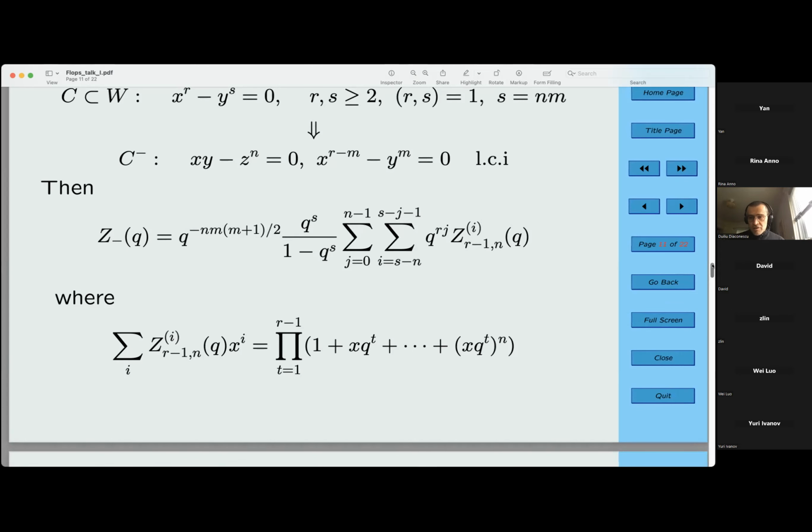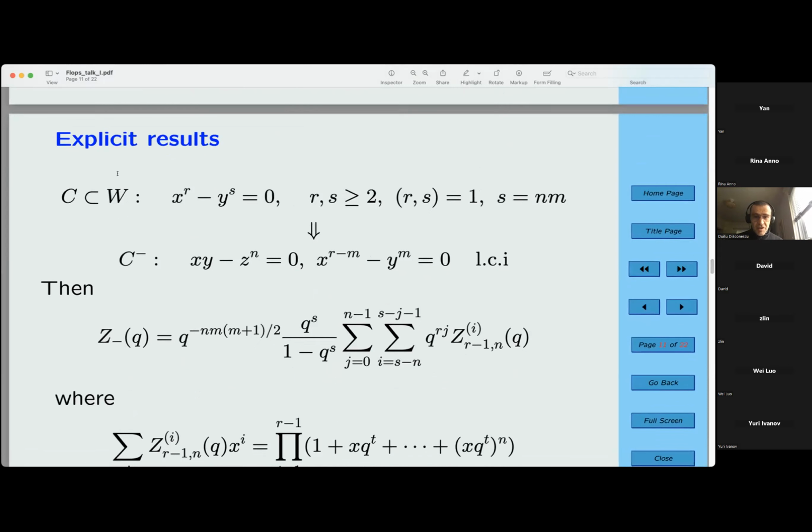Yeah, there is something you have to say about this. Both curves are preserved by some torus action. So in principle, you could try to compute the Euler numbers by counting, using the fixed point theorems.